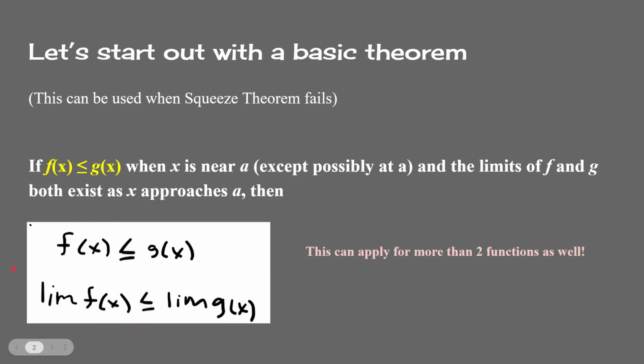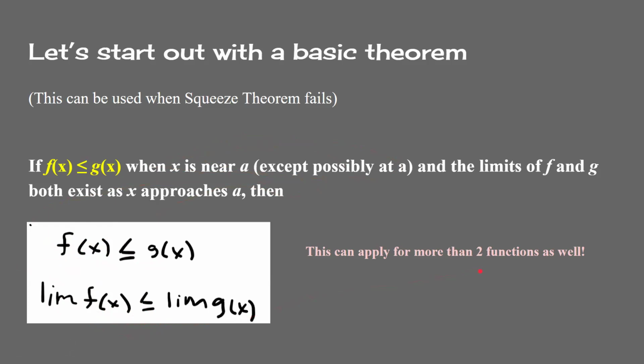So we're basically saying, considering these conditions, if f of x is less than or equal to g of x, then the limit of f of x will also be less than or equal to the limit of g of x.